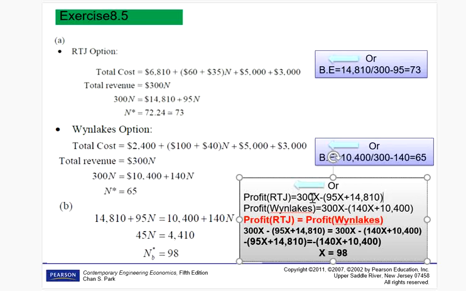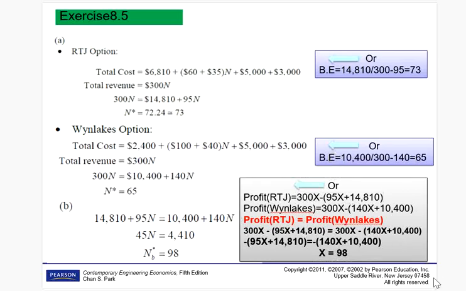This is their profit equation. And the profit equation for the other is this one, right? This is how you calculate. This is 300, this is sales minus variable and fixed cost, right? And this is for the other, and equate both of them to solve for X.